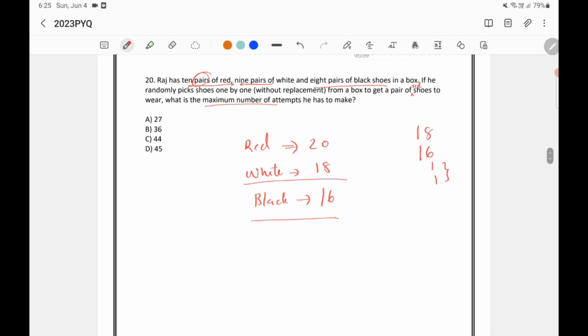So he got a pair of red shoes. The total is 18 plus 16, 34 plus 2, 36. So if we pick 36 shoes, we can surely say that one pair of red shoes will be there. So option B is the right answer.